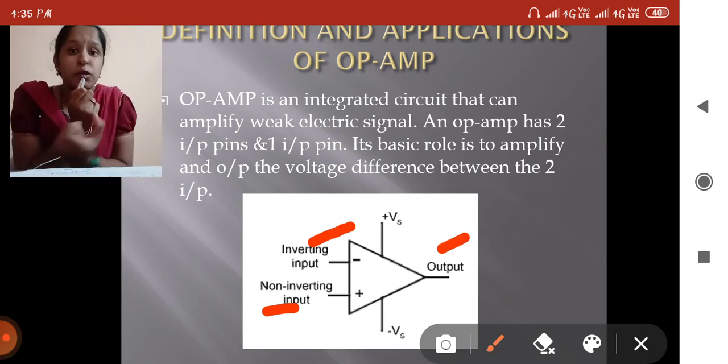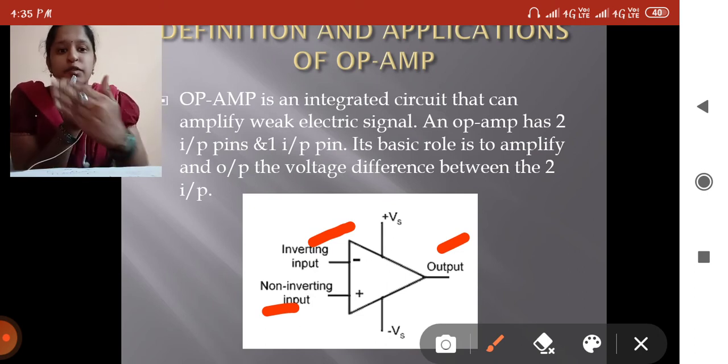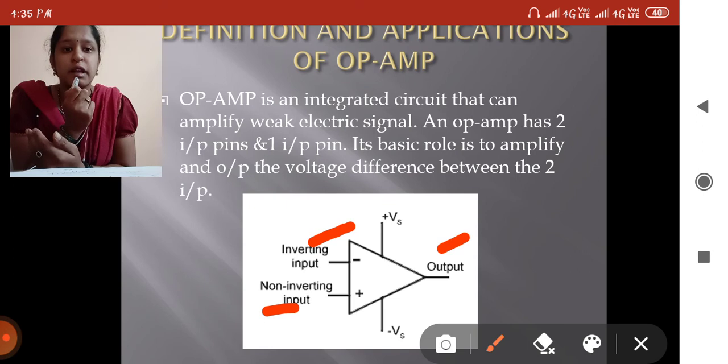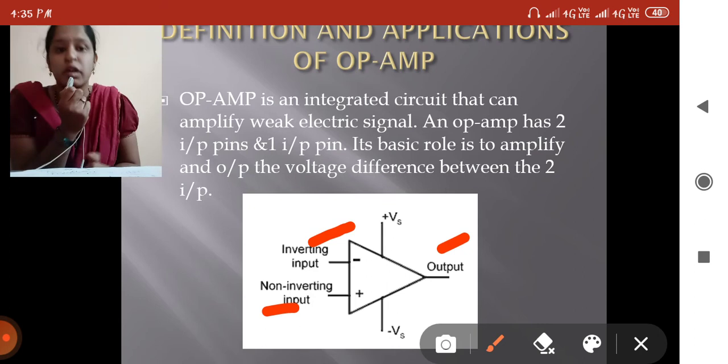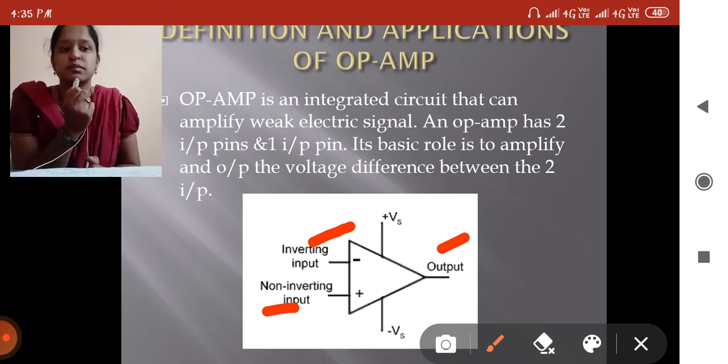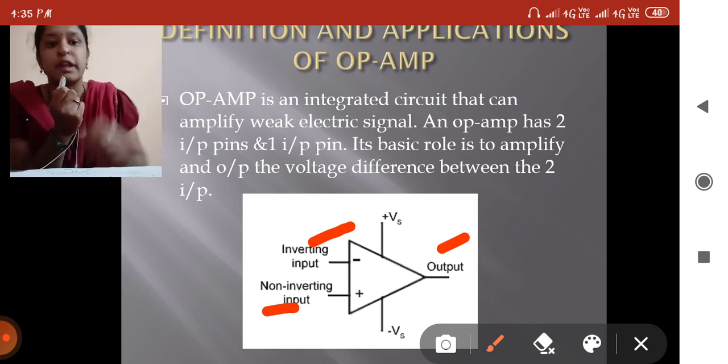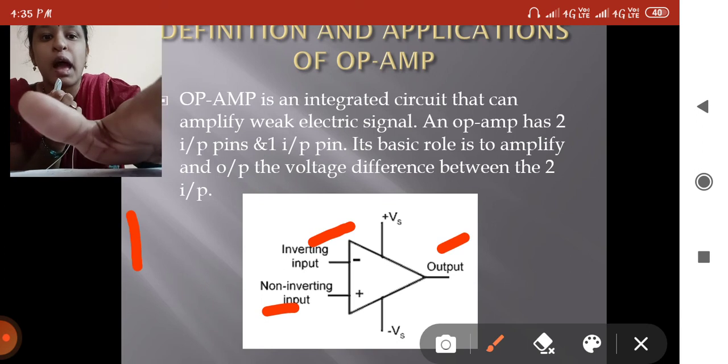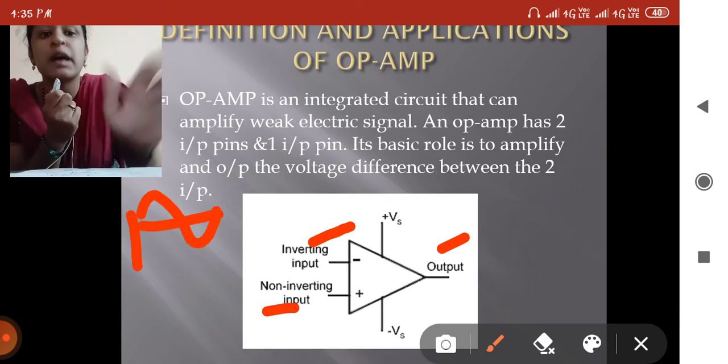How the output depends on the inputs we will see. Before going to study that, what is the inverting input and what is the non-inverting input, right? For example, I am going to draw a signal.